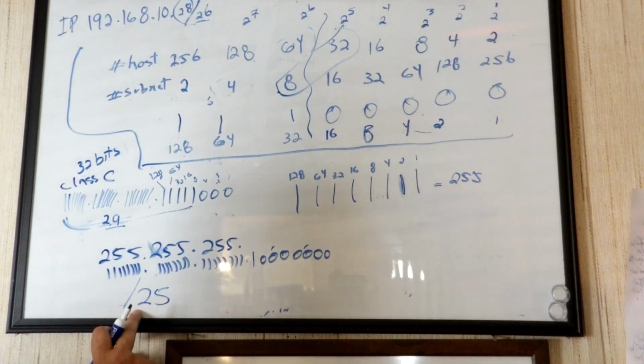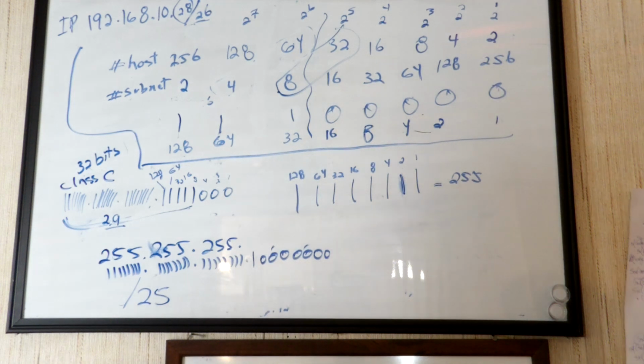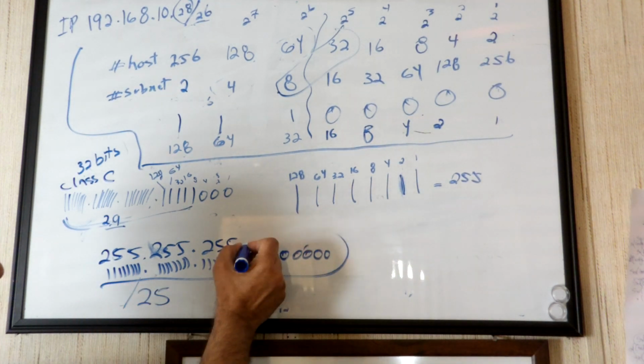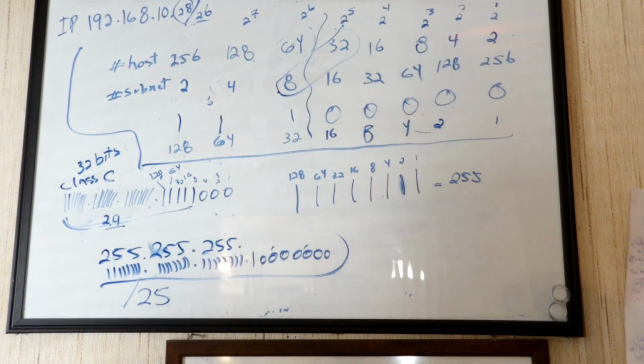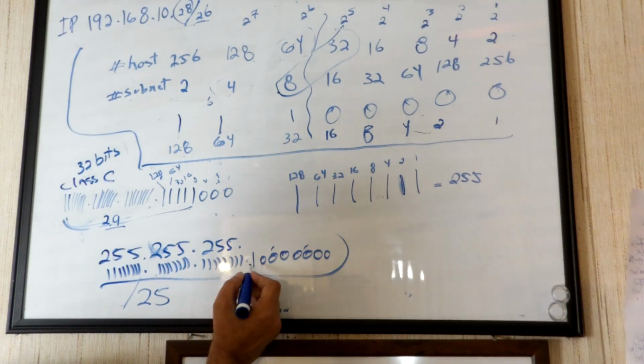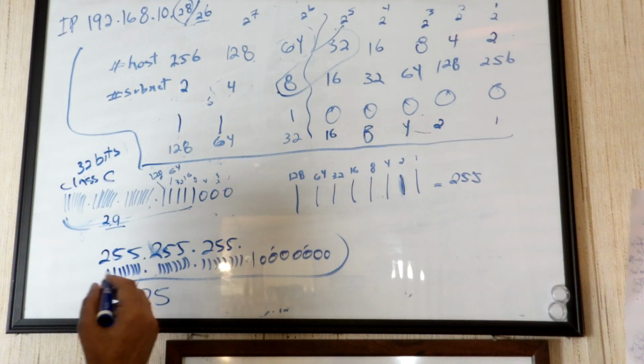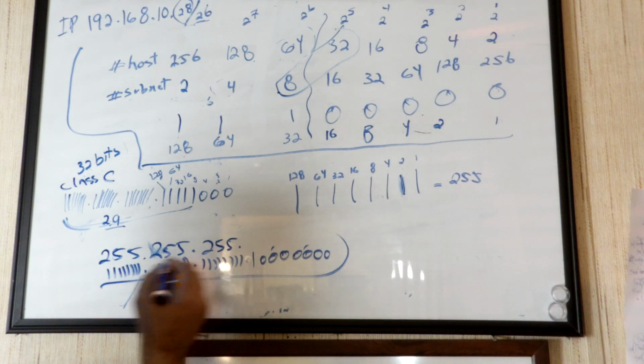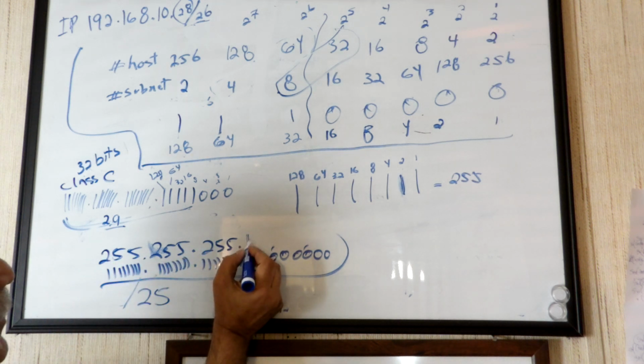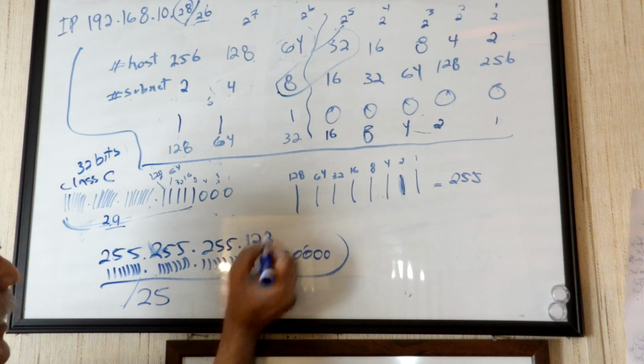So when asking about /25, you say it's going to be something like this. Now see, this is 128. If you want to write the subnet mask in decimal form, this is going to be 128 because there is only 1 one here.